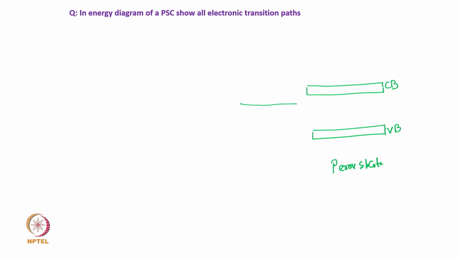So, if we look at this, this is perovskite, this is the valence band, this is the conduction band, and then I have another energy band here for TiO2, and then I have an energy level here that corresponds to E redox.